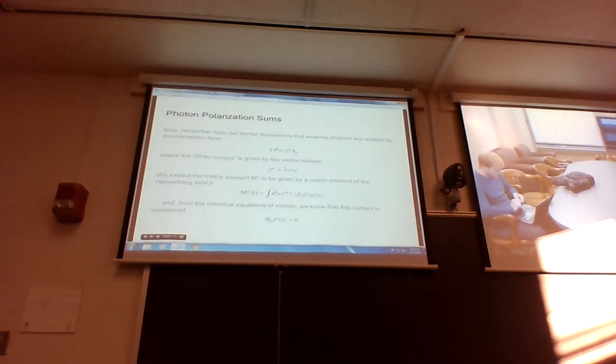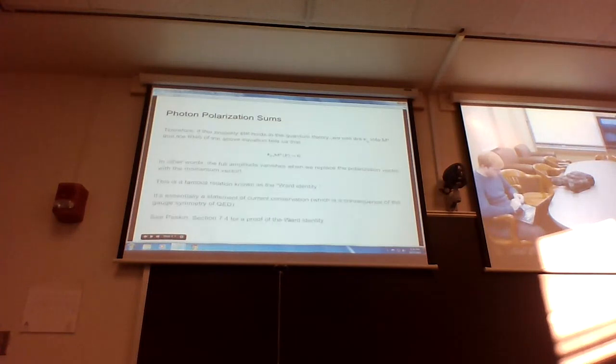And the fact that this thing is 0 tells us that if we take this amplitude mu, where we've stripped off the polarization vector, and we replace the polarization vector with the 4-momentum vector, this dot product is going to give us 0.